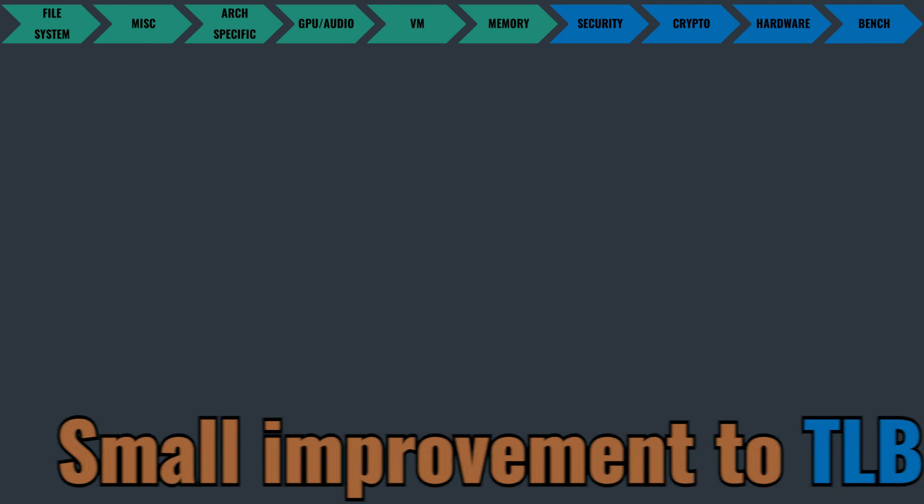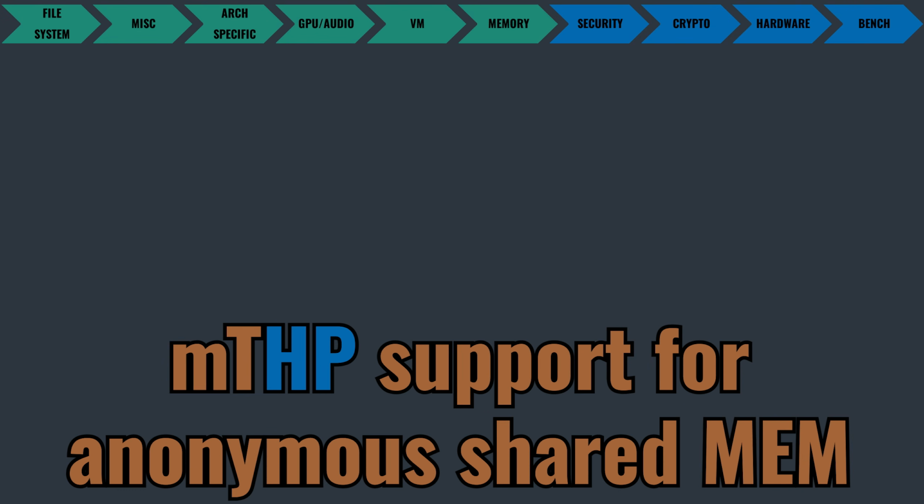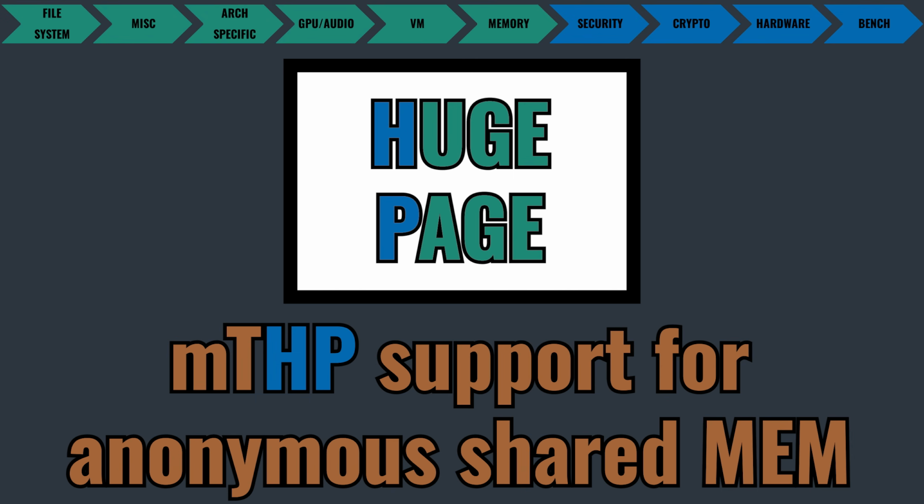We also see multi-size THP support for anonymous shared memory that can yield significant improvement around page fault latency. Let's just talk about the first two words here, multi-size THP. THP stands for transparent huge pages. Huge pages are just pages that are bigger than your standard 4K pages.